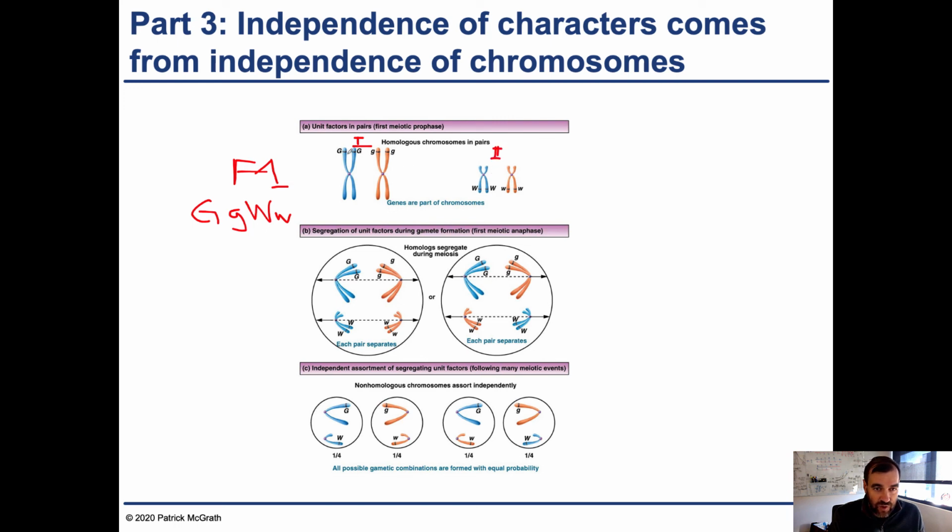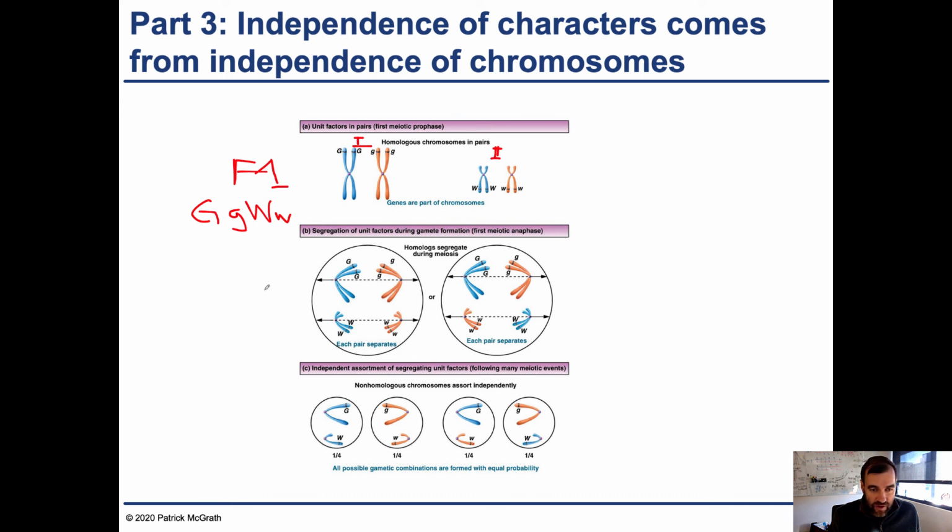And so you get one from the father, one from your mother, and so the big G would be on one of these chromosomes, and then the little g would be on the homologous chromosome. And then the same thing is going on with that. And so because these 2 chromosomes segregate independently during meiosis, you're equally as likely to form the following 2 things.